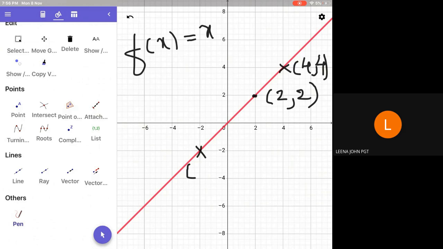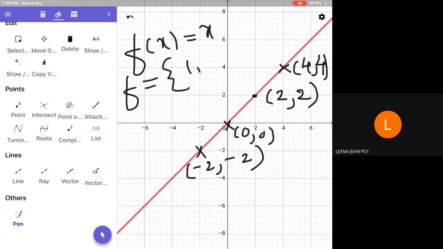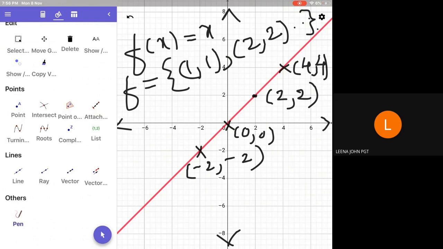If you take, you will get here minus 2, minus 2. All these points and here 0, 0. These are all elements of this function. 1, 1, 2, 2, etc. These are all elements. And these elements, if you plot in the plane, you will get this graph.